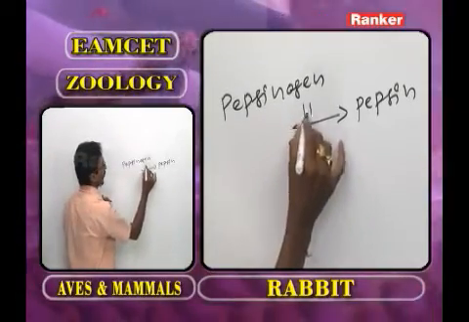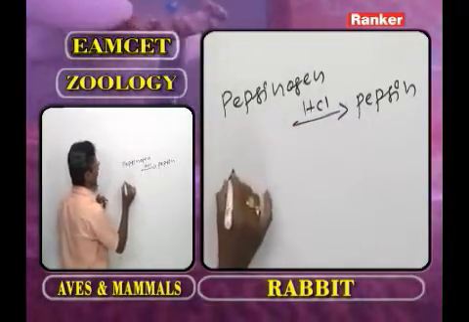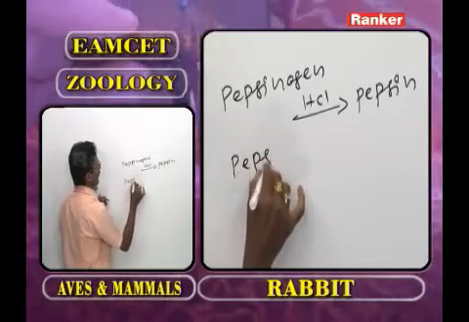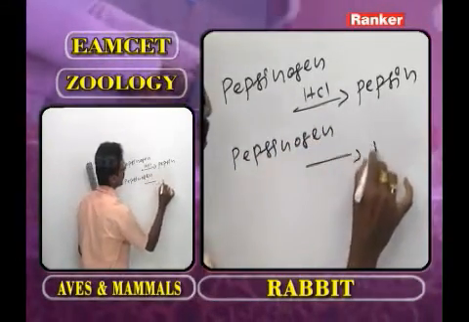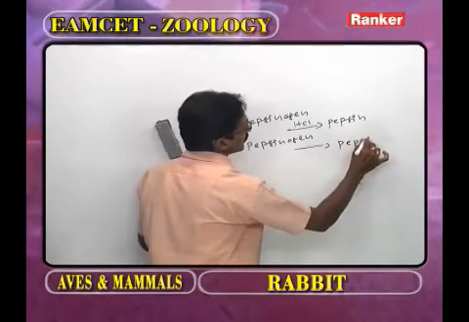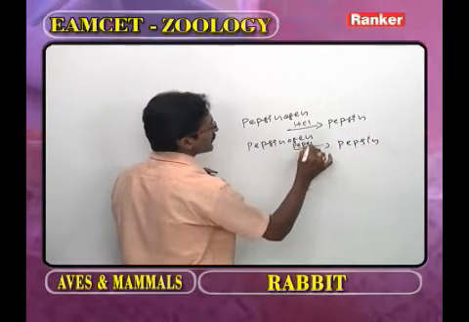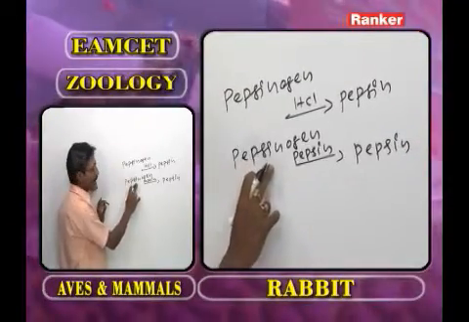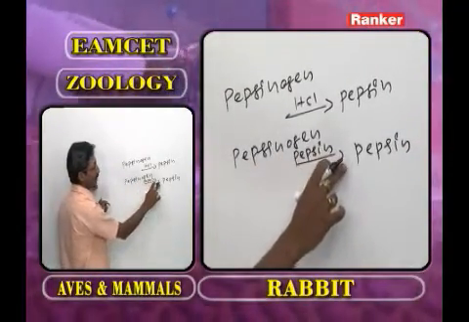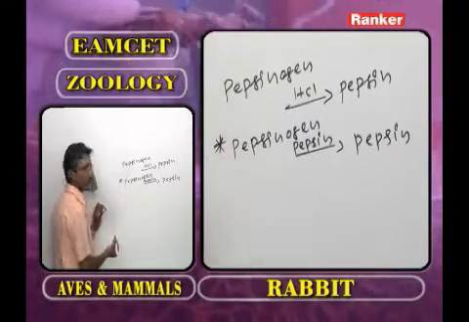Now here the activator is HCl. Now this pepsin converts the remaining pepsinogen into pepsin. Now here what is the activator? The pepsin. The process of conversion of pepsinogen into pepsin by pepsin, that we call autocatalysis.